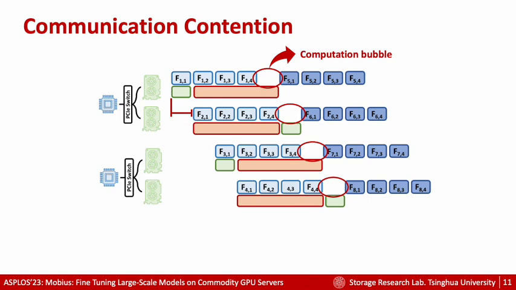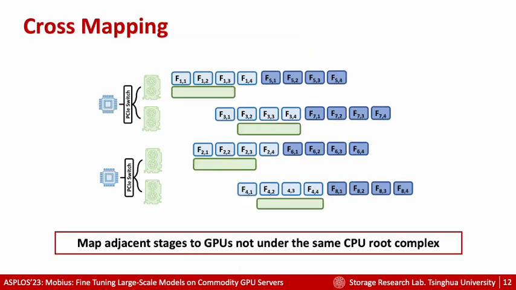On the contrary, the prefetching time difference of two non-adjacent stages is larger, which provides us the opportunity to solve the communication contention problem. Therefore, we need to map adjacent stages to GPUs not under the same CPU root complex.